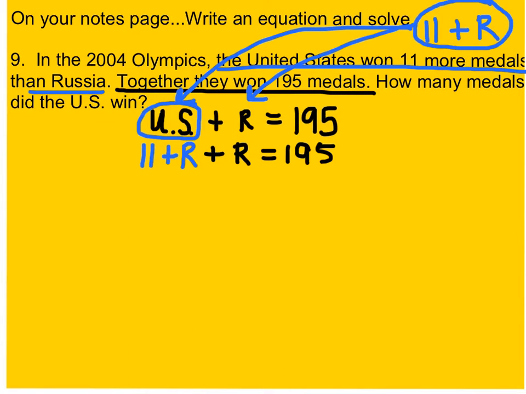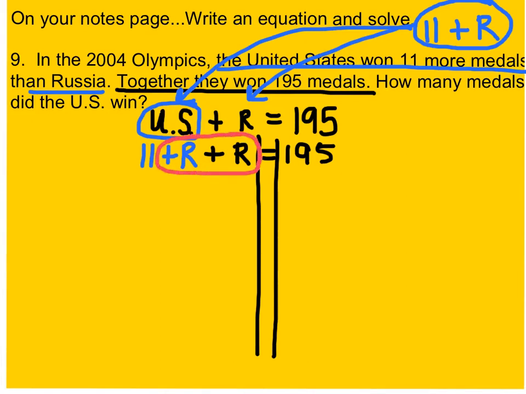Now this is the equation we're going to solve to find how many medals, in this case, Russia won. So let's draw our river. And it looks like we need to do some combining of variables here because we have 1R plus 1R. That would be 2R. Bring down our plus 11 and our equals 195.